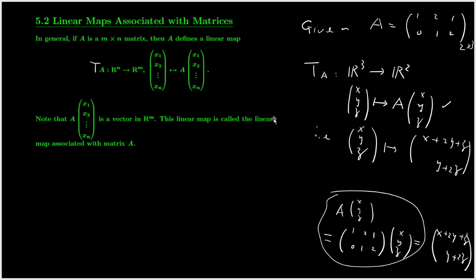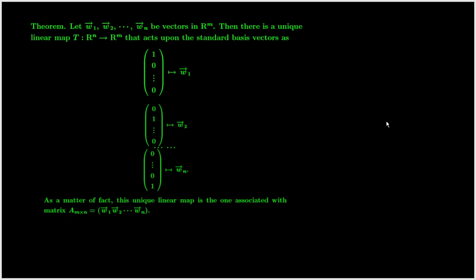But before we do that, let's take a look at a conclusion on the next slide. The statement is kind of weird, but I will show you the meaning. Suppose we are looking for a linear map T from Rn to Rm. What are these?